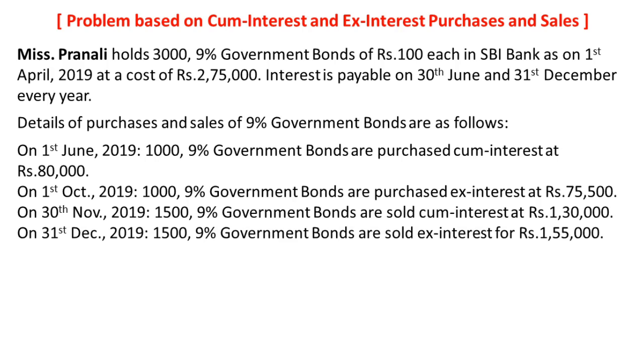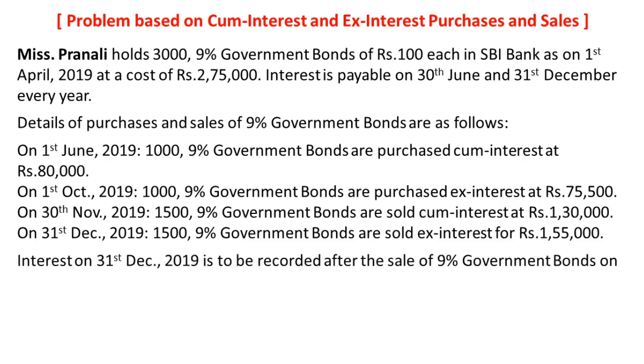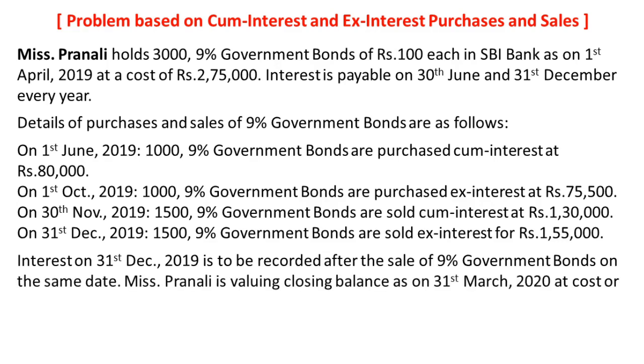On 31st December 2019, 1,500 9% government bonds are sold ex interest for rupees 1,55,000. Interest on 31st December 2019 is to be recorded after the sale of 9% government bonds on the same date.